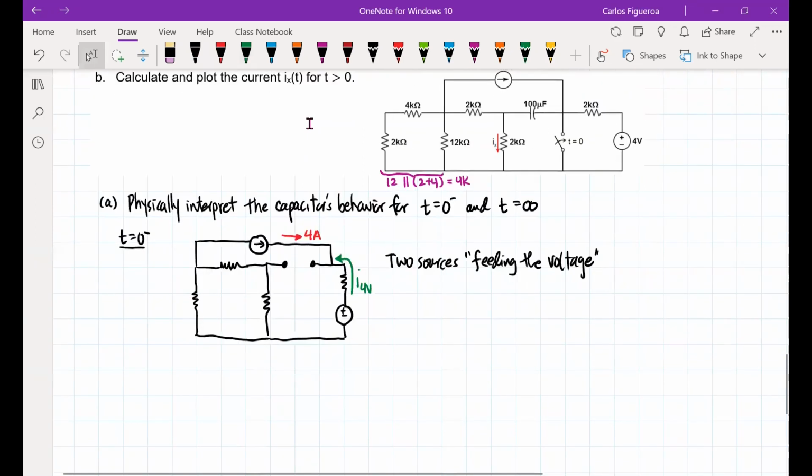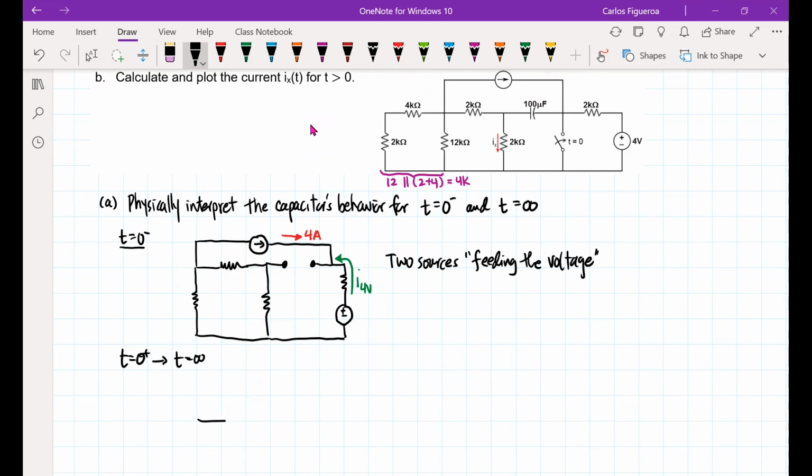Now look what happens. When the switch is thrown, it shorts out the 2 and the 4-volt source here. So at t equal to 0 plus, and then we're going to let that go to t equal to infinity, because it gets shorted out, I'm now going to have this type of situation.